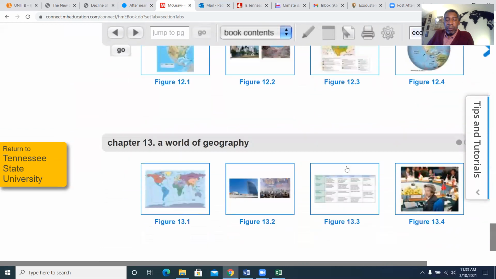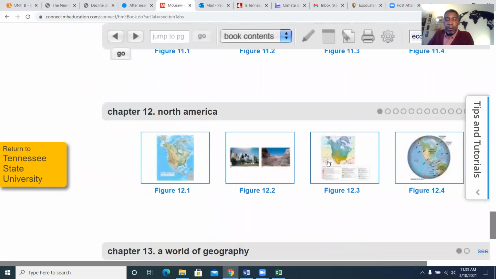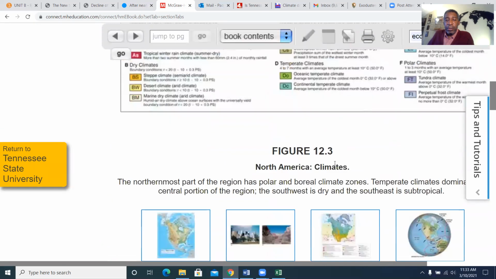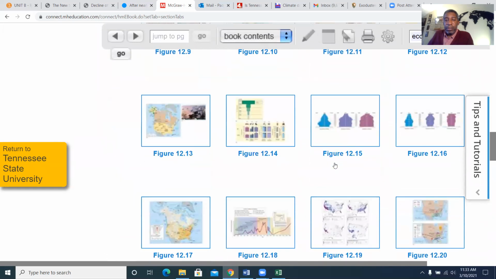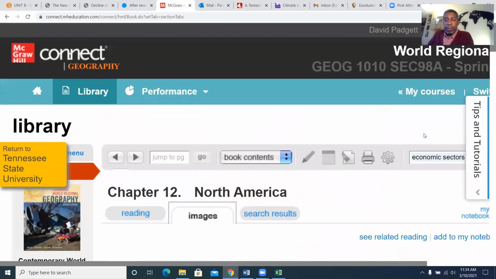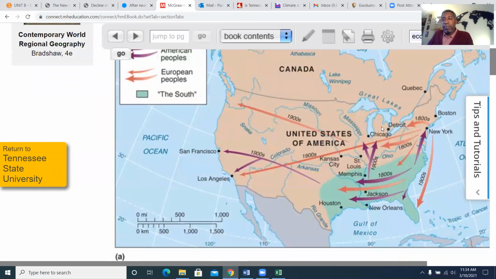You also make note of the fact that there was a westward migration of Black people. So here we have arrows showing, of course, the Great Migration, Black people moving to the north. But there was a westward movement of African Americans that was very significant.